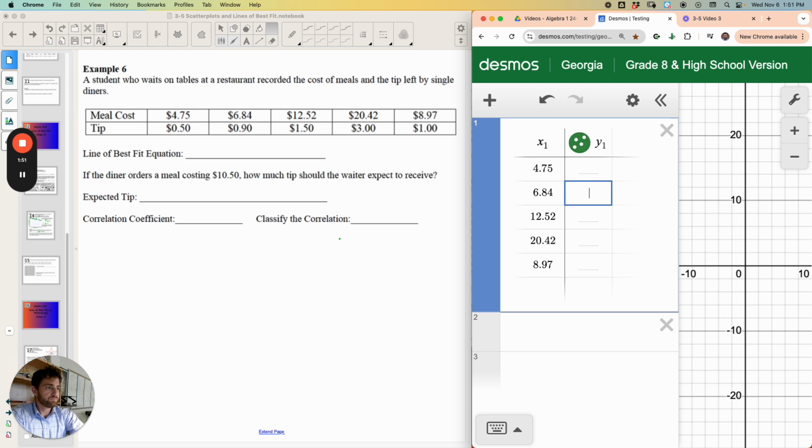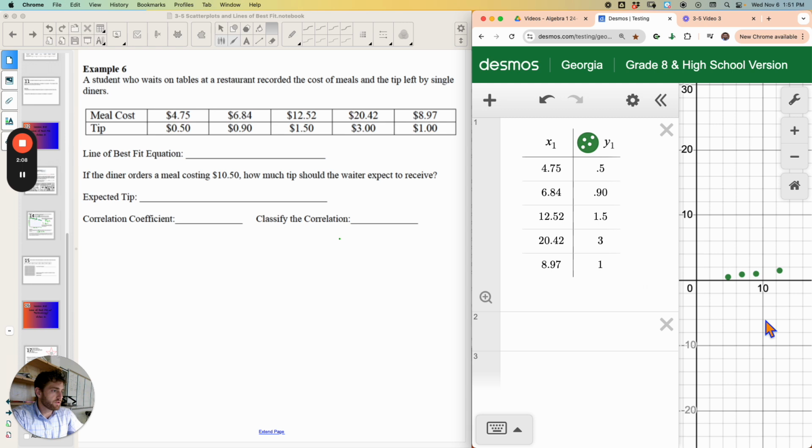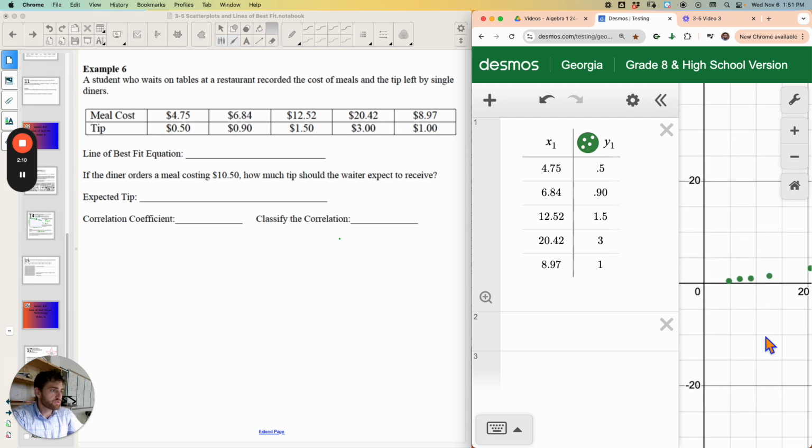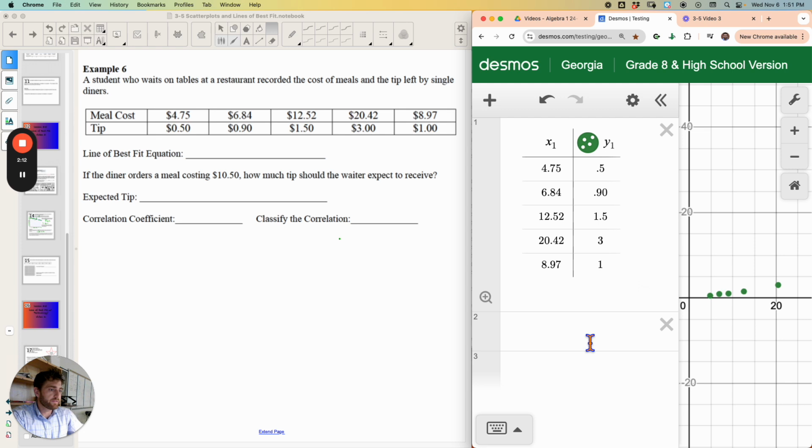Okay. And then for y, 50 cents, 90 cents, $1.50, $3, and then $1. And you'll see that these are starting to plot over here to the right, and you should have a total of 5 points if you zoom out there.